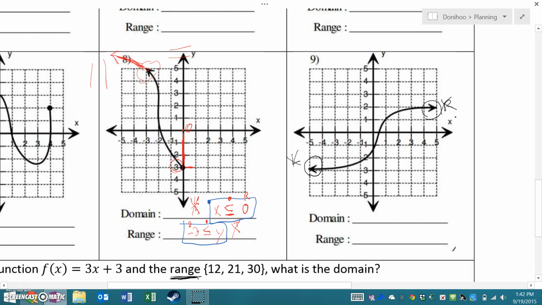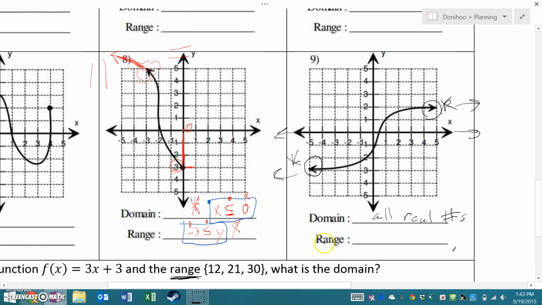So what does that mean for my domain? Well, since this graph continues on left and right, I can say that it covers the whole axis. Since the x-axis just keeps going on either side, that means that I'm going to be covering all the real numbers, because the graph extends as far as the x-axis will extend.